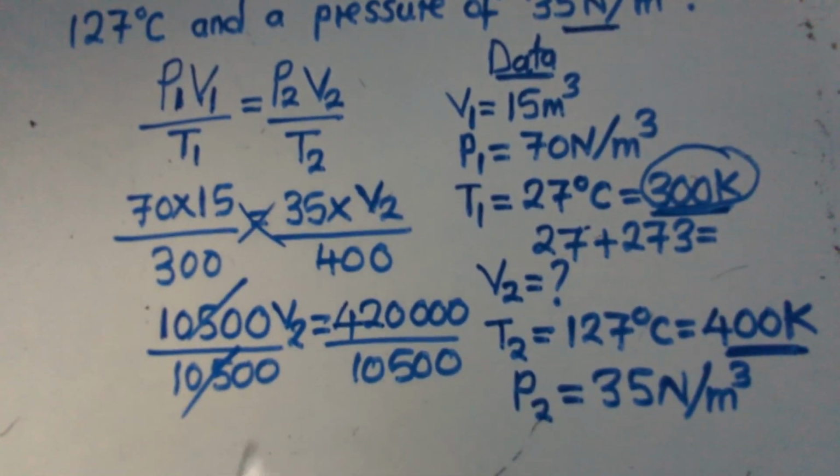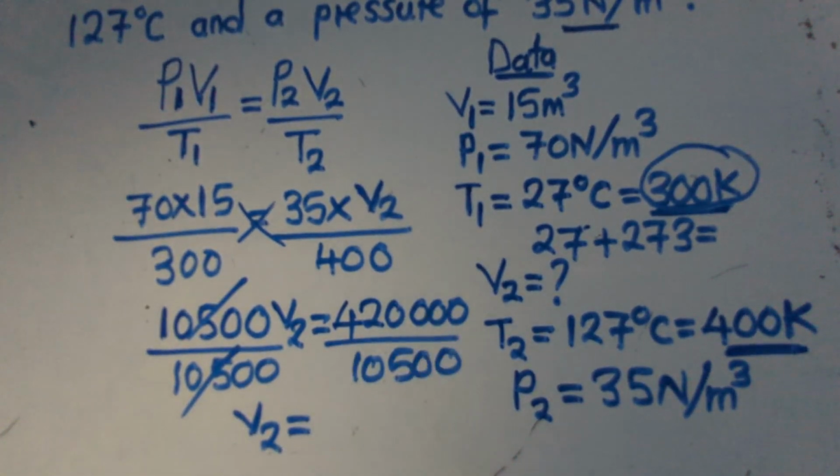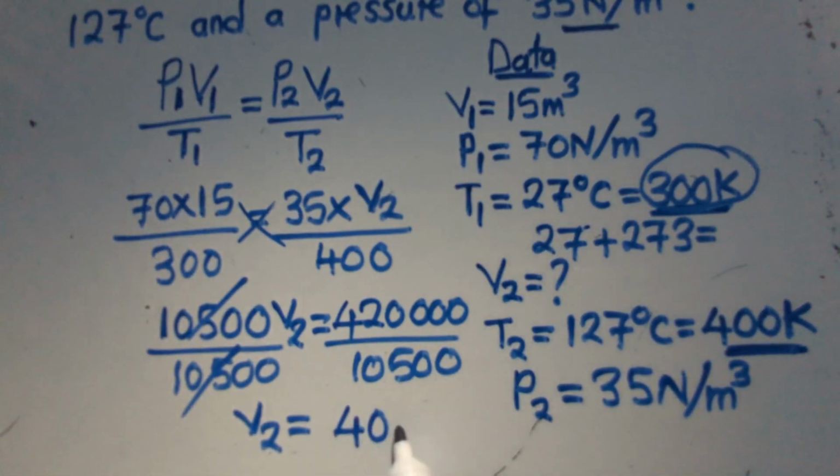Volume 2 will now be equal to this answer, 420,000 divided by 10,500. What answer are we getting? We are getting 40. So 40 meters cubed. This is your answer.